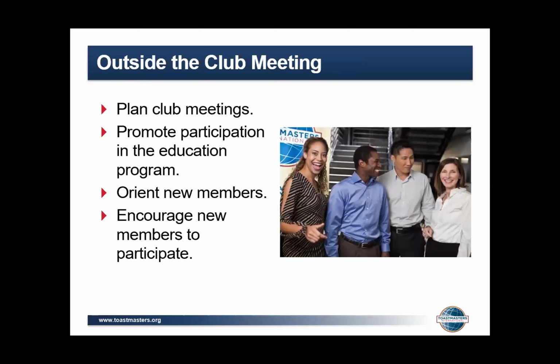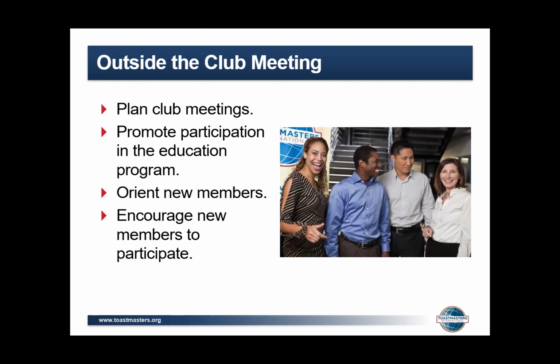When we're meeting outside the club meeting as the VPE, we plan the club meetings, meaning we don't always have to meet inside the club. As VPE, we can help to plan meetings outside of the clubs just to make things more interesting and help with those quality meetings. We talked about orienting new members. As the VPE, it is your responsibility to help orient members.